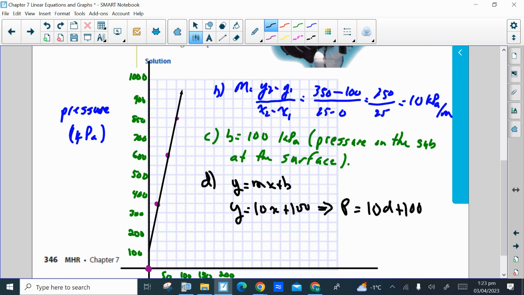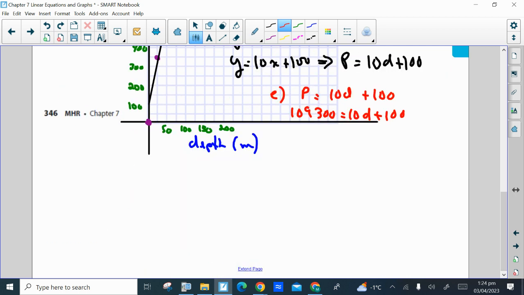So in this case here, using that equation, P, the pressure, is 10D plus 100. So at the bottom of this Challenger Deep, the pressure was 109,300 kilopascals. And we're going to solve for D, which we would do by subtracting 100 from both sides, which gives us 109,200 on the left, equaling 10D.